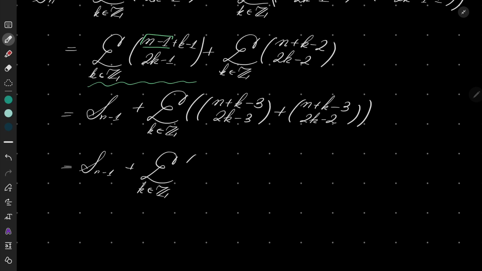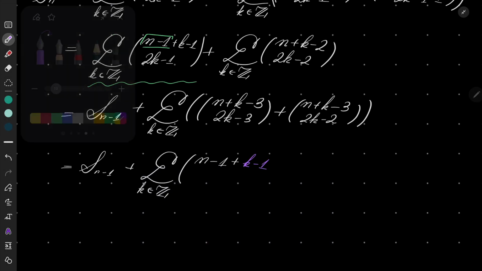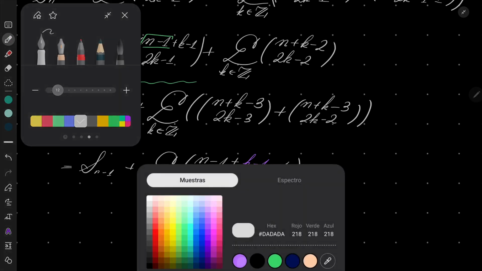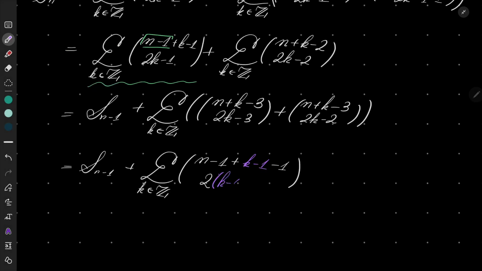The first part is, I will write it in this way, n minus 1 plus k minus 1 minus 1 choose 2 times k minus 1 minus 1.